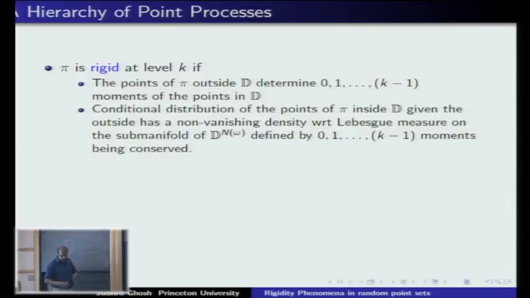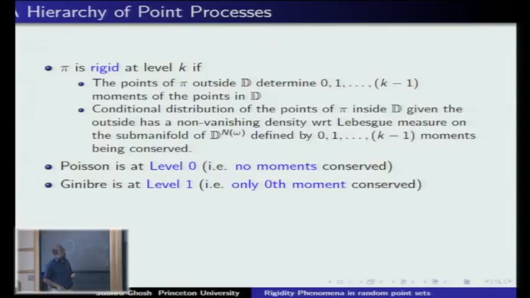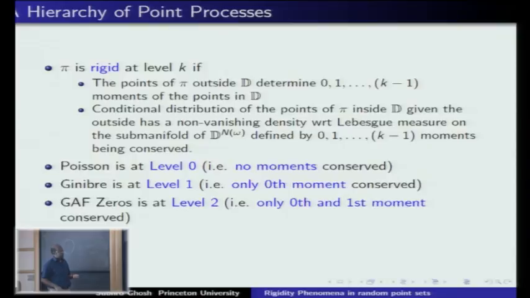Under the constraint that these k moments are fixed, the points can be in any arbitrary configuration. So Poisson is at level 0, so no moments are conserved. Ginibre is at level 1 because only the 0th moment is conserved. Gaussian zeros are at level 2, and the natural question is whether we can find some natural point processes for levels k greater than or equal to 3.